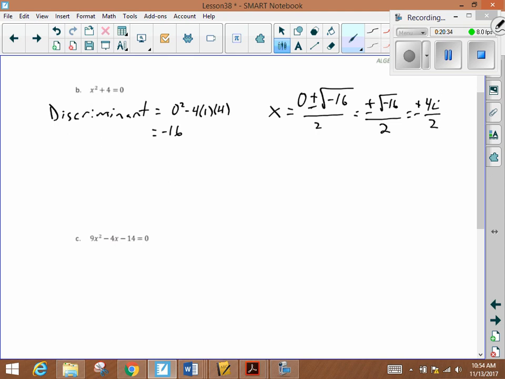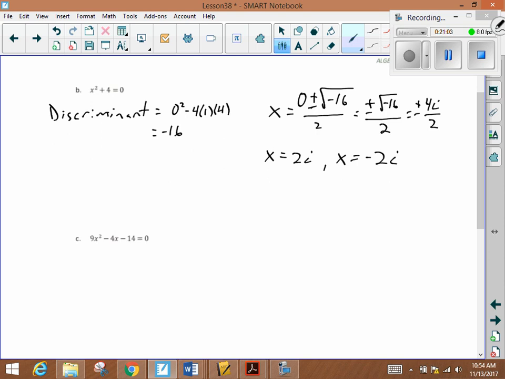You guys see how I did a couple things all at once? I pulled the i out and I took the square root of 16. So then x is going to be equal to 2i, and x will be equal to negative 2i, right? Because 4 divided by 2 is 2, and we still have that i left there.